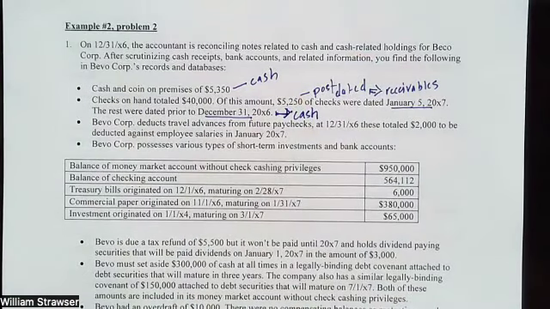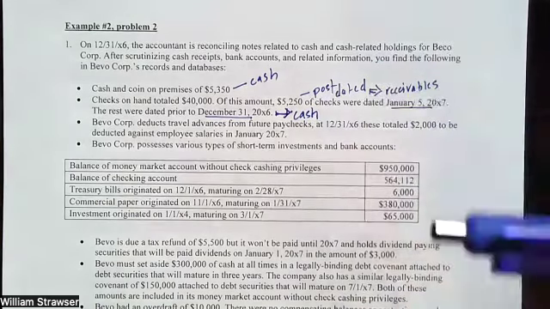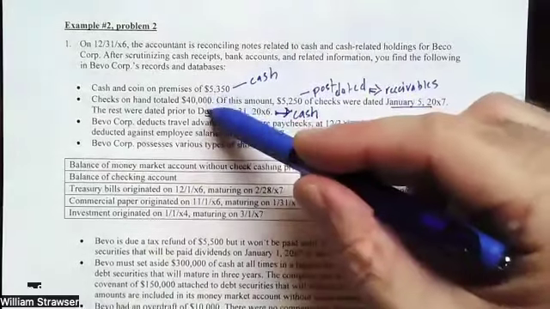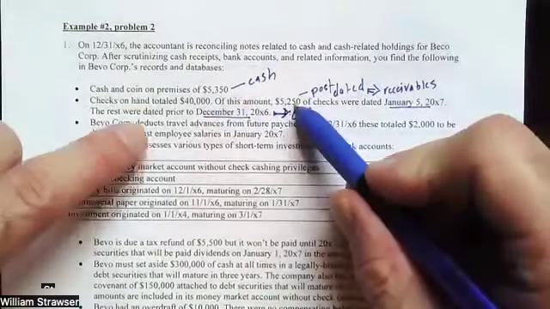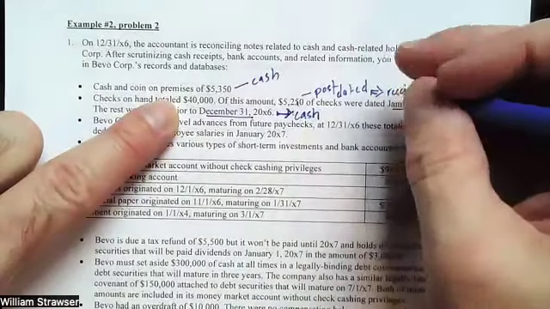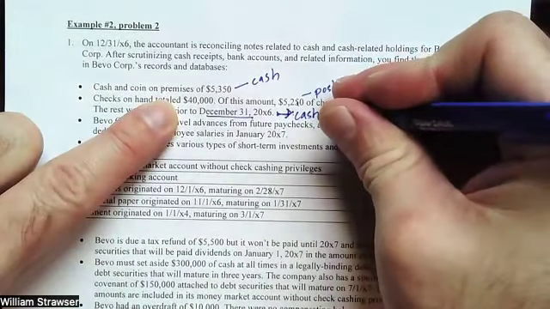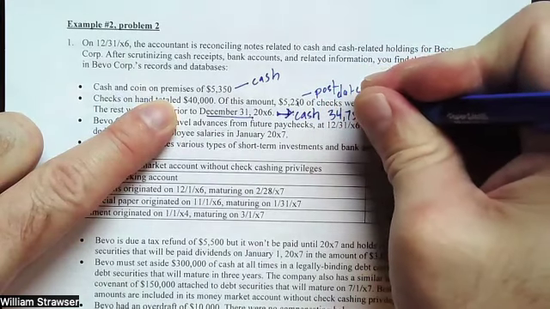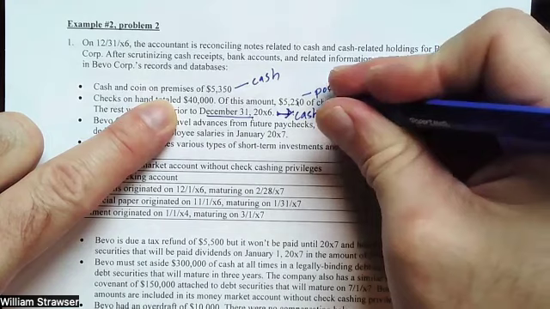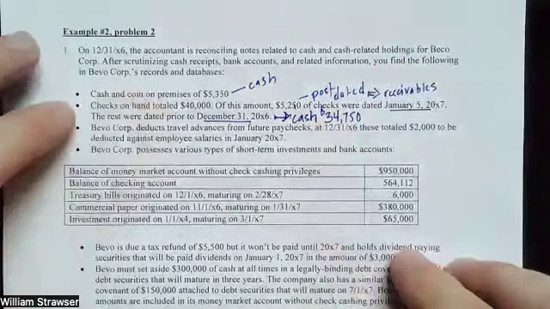We record them as cash until we know otherwise. So 5,250 are receivables, and the remainder of that amount from 40,000 is cash. Subtracting 5,250 from 40,000 would give me $34,750 remaining. So that amount of the checks is definitely cash.